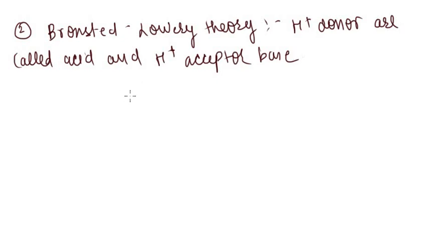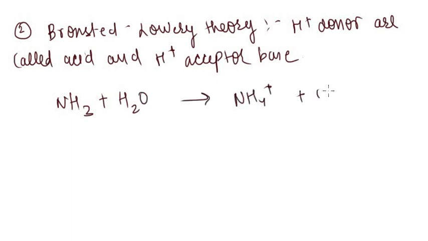Like ammonia: when it reacts with water, it forms NH4 plus and OH minus. So ammonia has received the H plus and water has donated the H plus. Ammonia, which has received H plus, is known as the base.